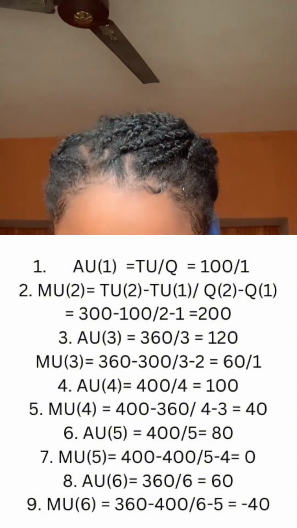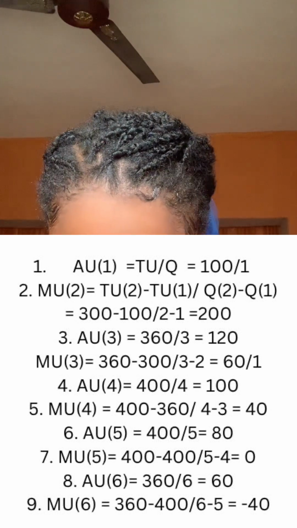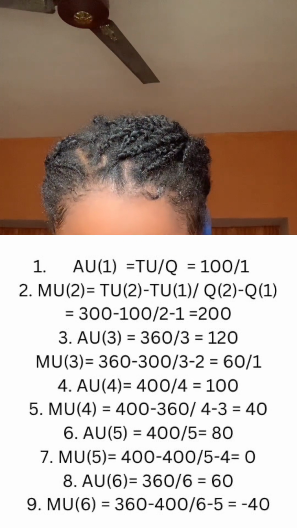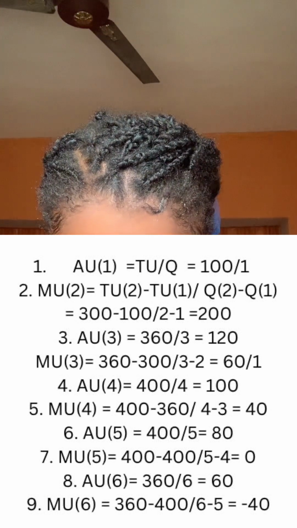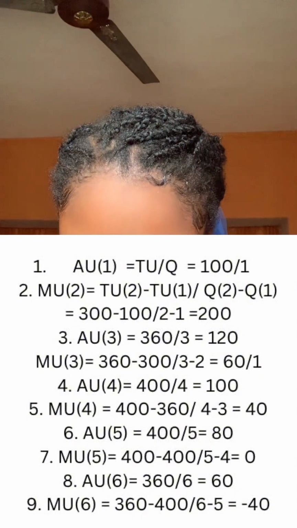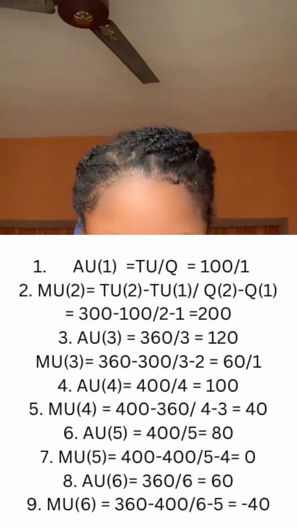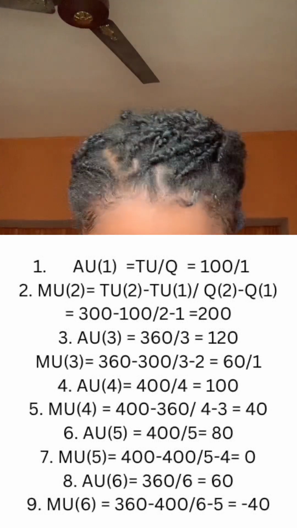Total utility at quantity 4 was 400 minus 360, divided by 4 minus 3, which was equal to 40. 40 over 1, which is 40.